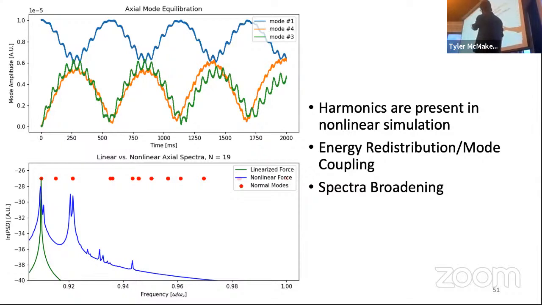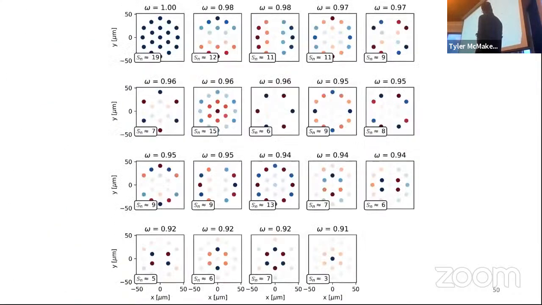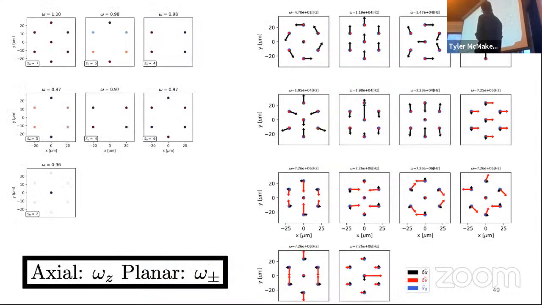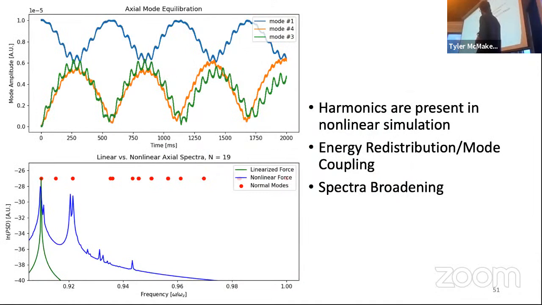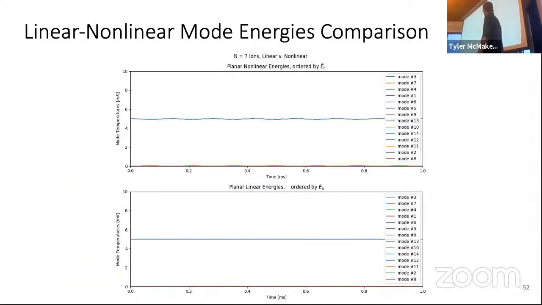Or in this case, if I take the lowest frequency mode, which is here on the bottom left, and I excite it, then I'll have energy redistribution so that now all these other modes are becoming excited. This issue actually makes it difficult to study Doppler laser cooling because you don't know how the laser is affecting individual modes. So that's why the linearization is important.